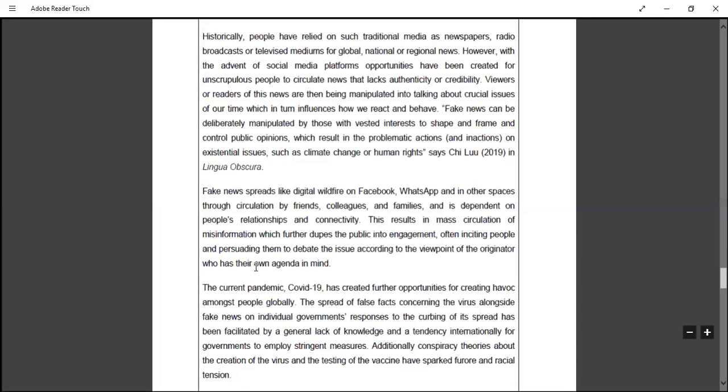And obviously, they have created a lot of division in terms of what people think about this, and what should be done and what shouldn't be done. And some of these things are dangerous. So this, I think, is just a warning that the author is trying to issue, to say you should be careful with this fake news.